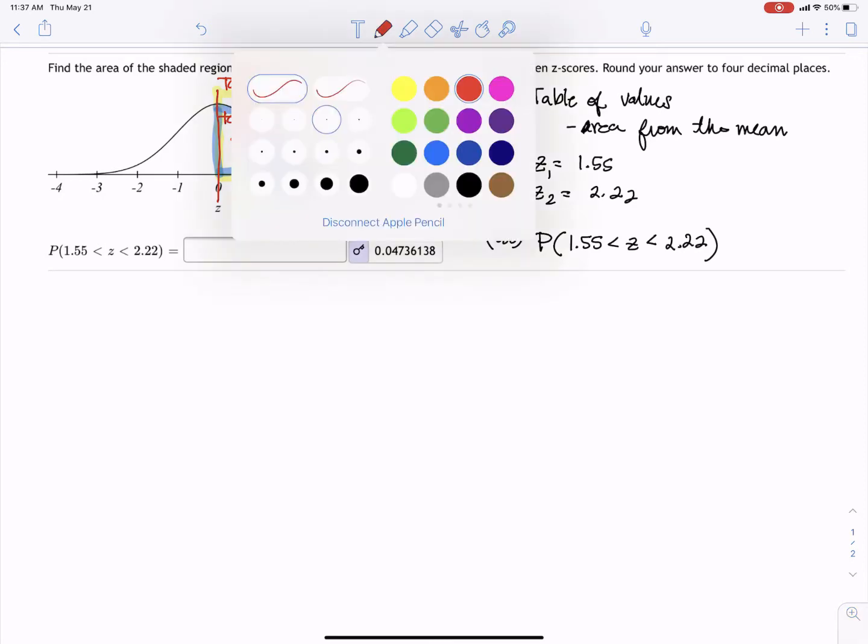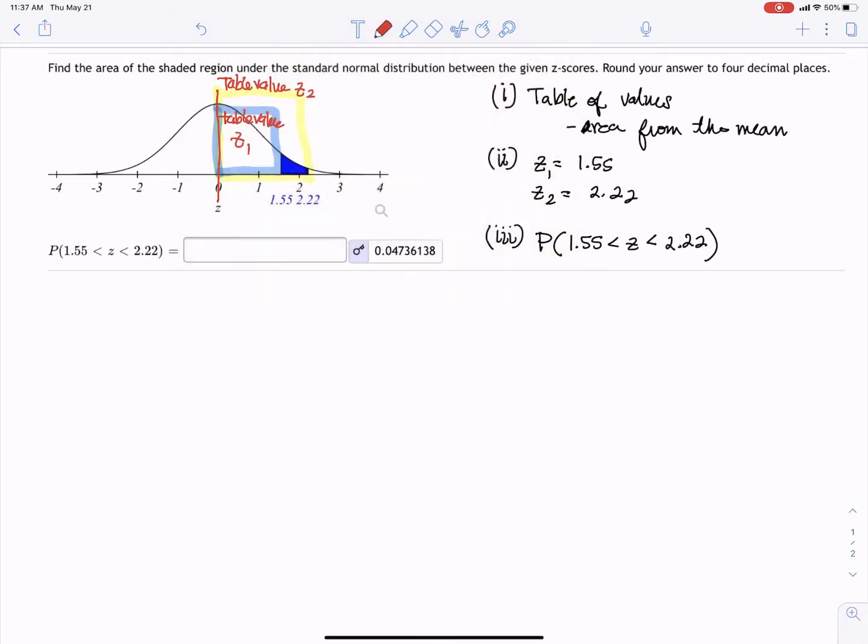So this probability in between 1.55 and 2.22 is actually going to be the table value 2 minus the table value 1, right? So we're just going to take the larger area and subtract the smaller area.